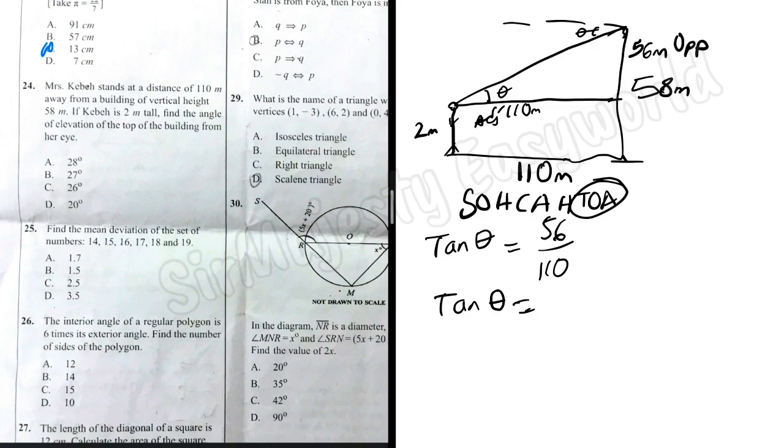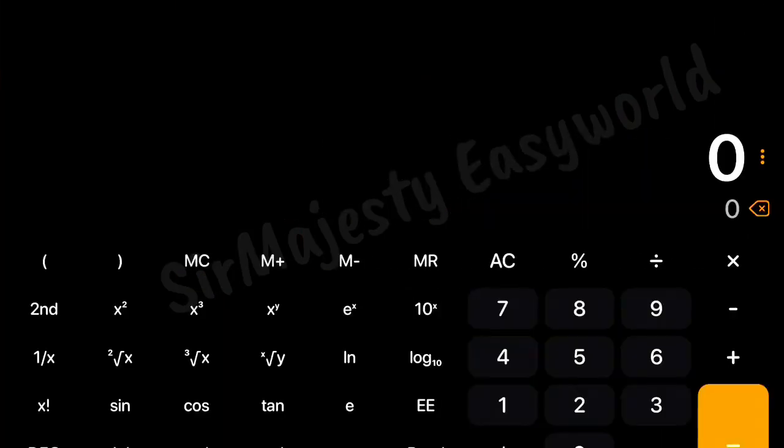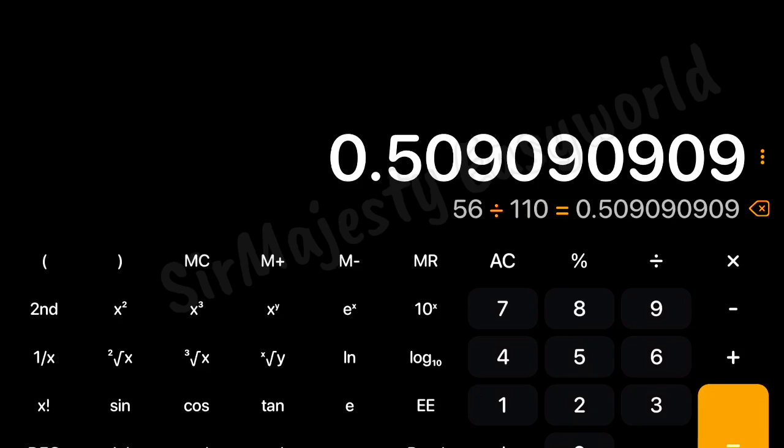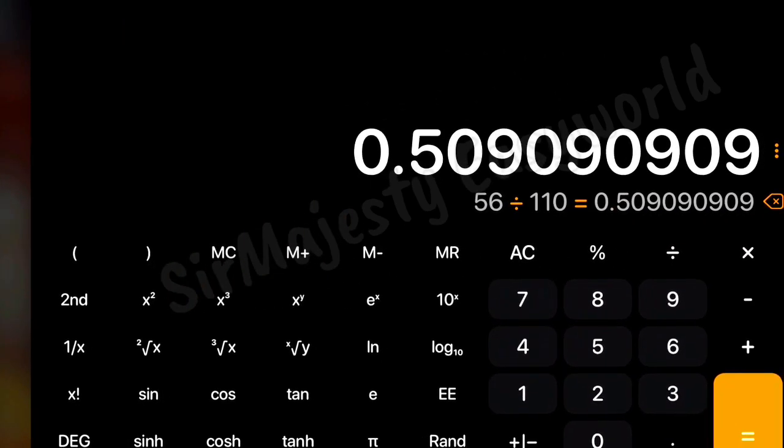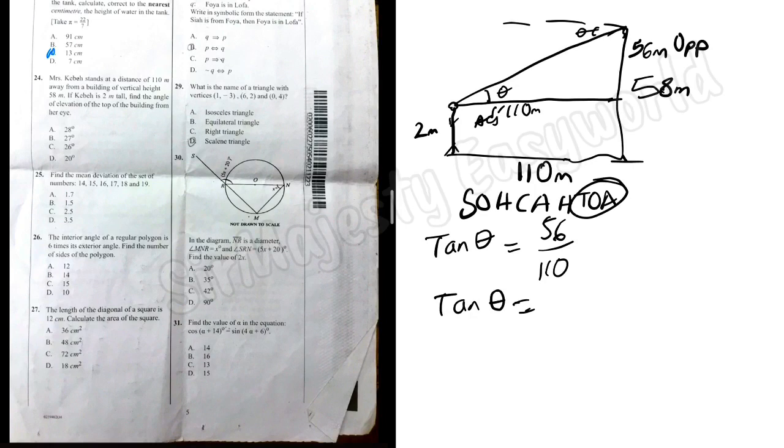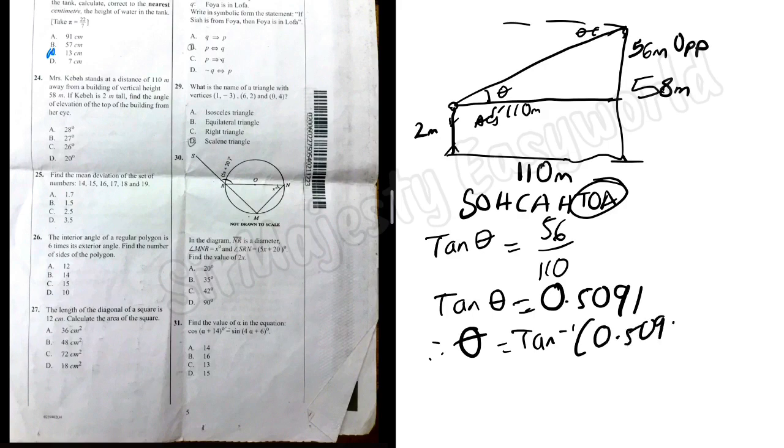Let's solve that. That'll give us 0.5090 or 0.5091 approximately. So we're going to find theta. Therefore, theta will be equal to the tan inverse of 0.5091.